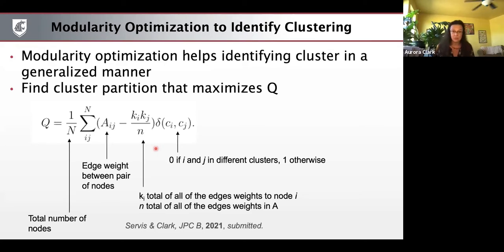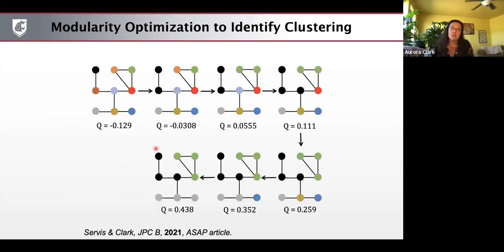So here's an example of that. We start off with a really simple graph where each of the nodes is part of a different cluster, indicated by different colors. And systematically, I'm trying to maximize Q. First, you can see that this brown node becomes a part of the black cluster. This is done iteratively. You go through and change the identity of every node into the cluster that maximizes Q the most.